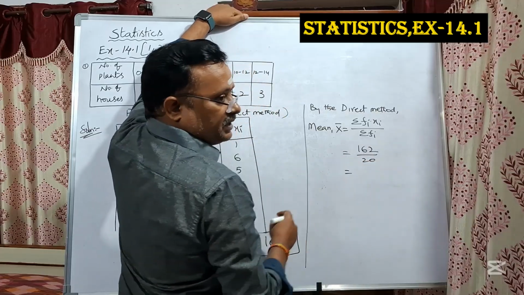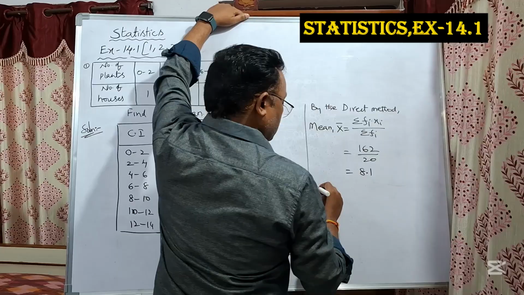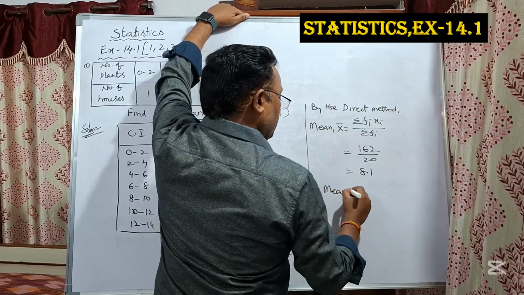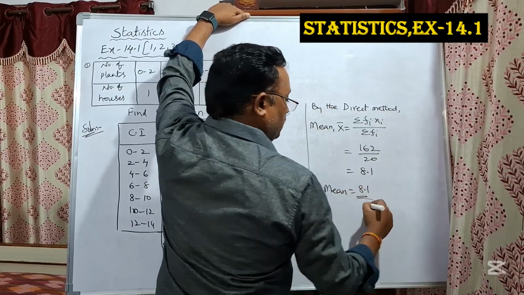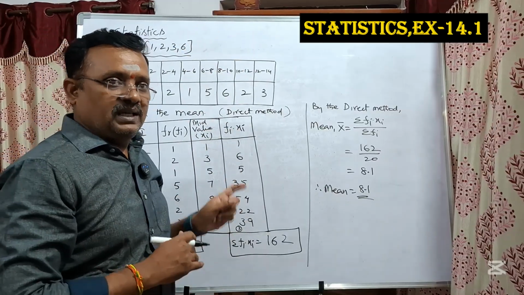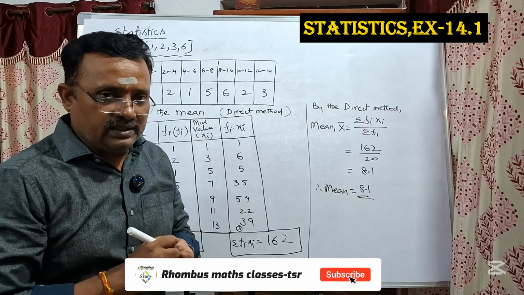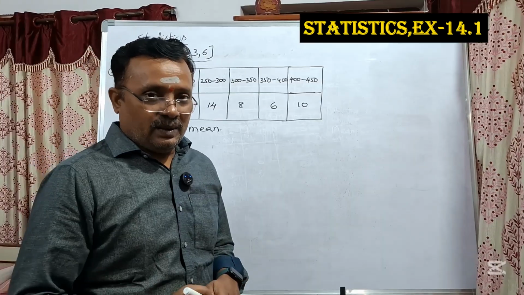After the cancellations, it comes to 8.1. Therefore, our required mean is 8.1. So the average plantation is 8.1 plants per house.